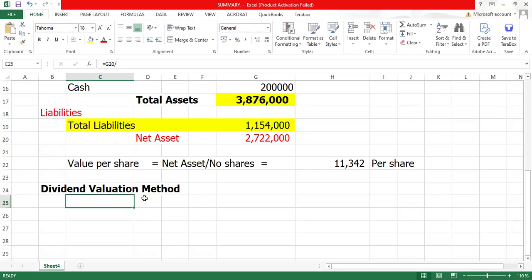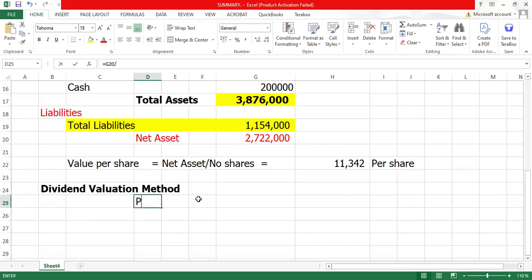You recall that here we use Gordon's model, KE is equal to D1 over P naught, then plus G. But here, as you use the dividend valuation method, your aim is to get the market price of a share. That is the reason why you're using this method, to get the market price per share, that is P naught.